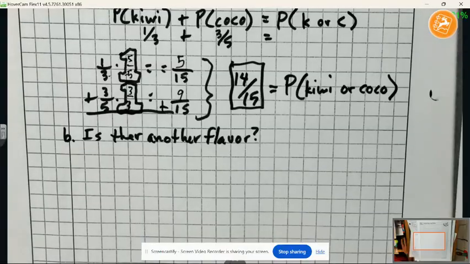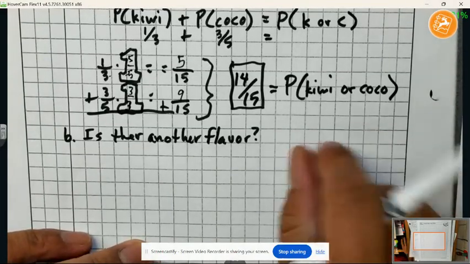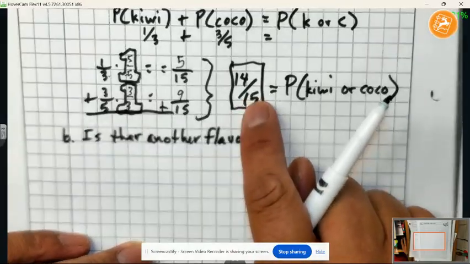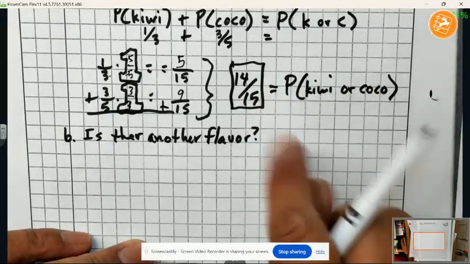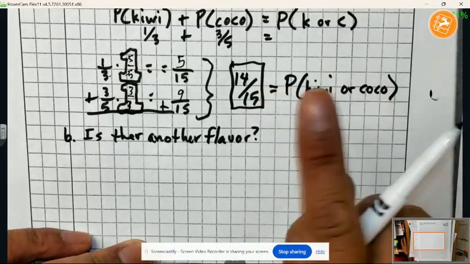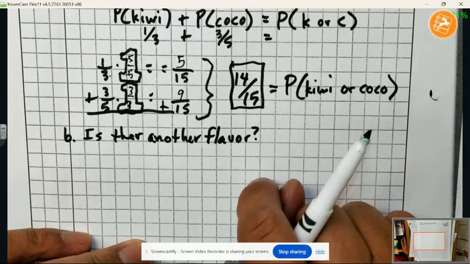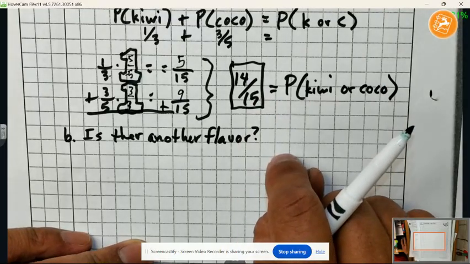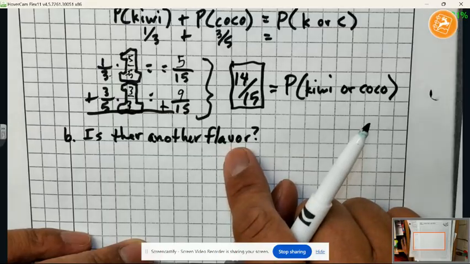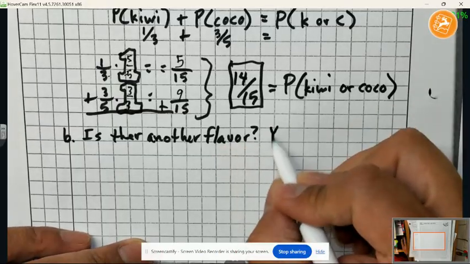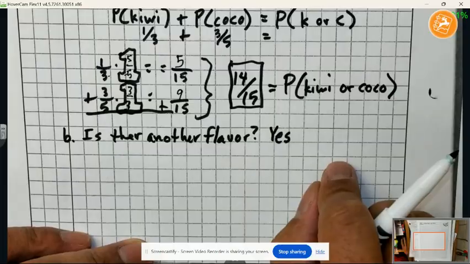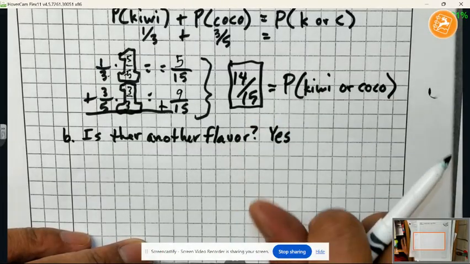So think about that for a while, and what do you think? So if you notice, there's 14/15, so that means if we're thinking about this as a whole, 15/15, we're missing a piece, right? So we're missing 1/15. So is there another flavor? There is another flavor, and what would be the probability of getting that other flavor in this bag?